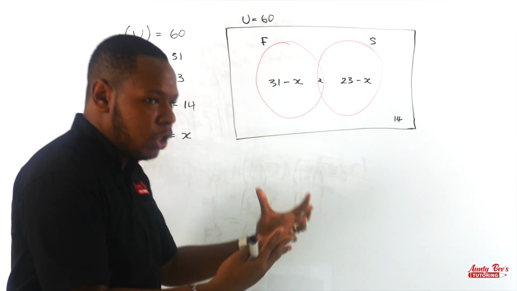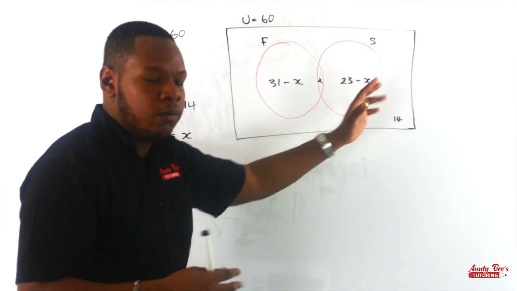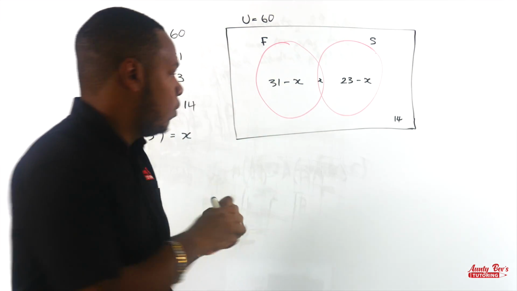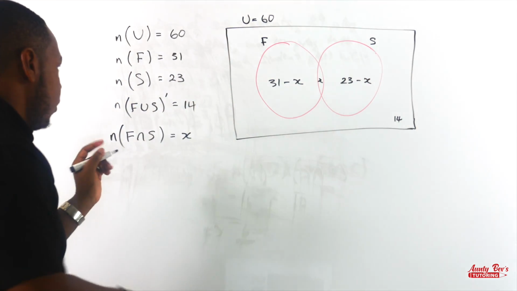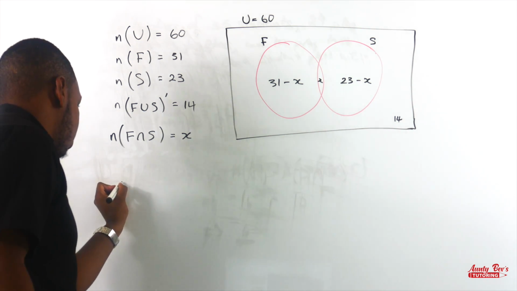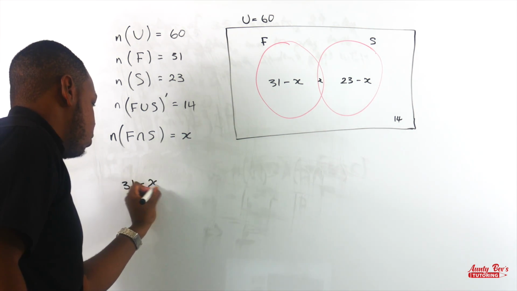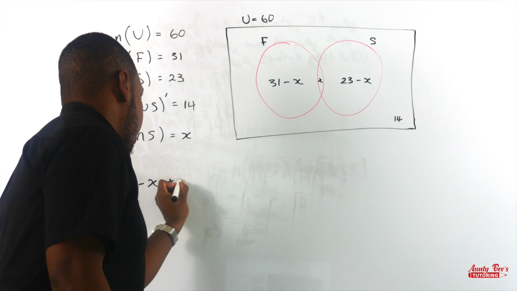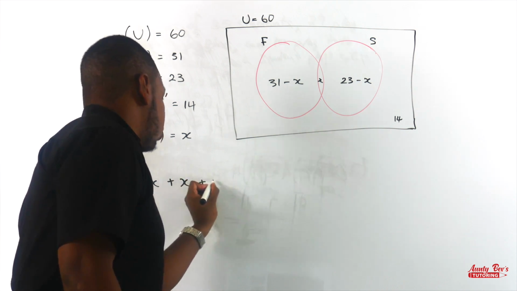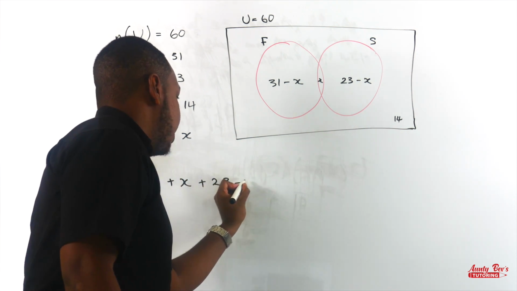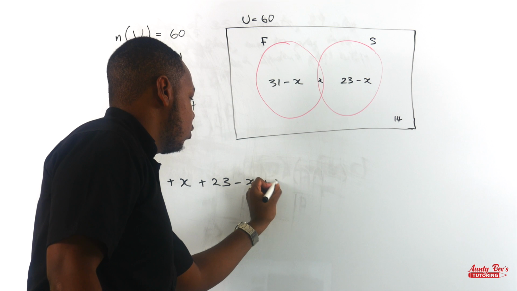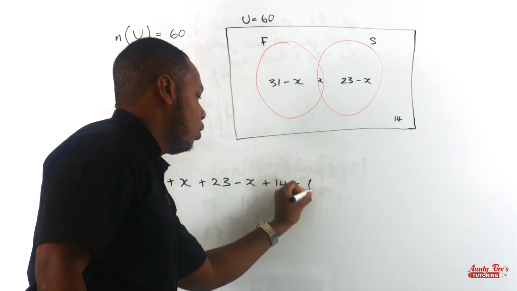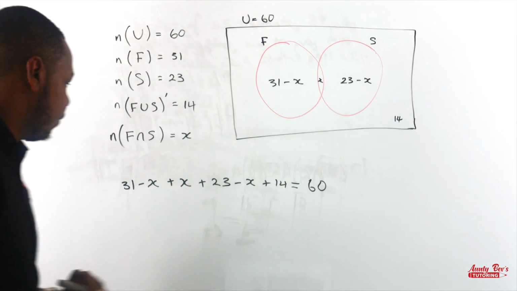Now, if we want to find X, what we can simply do is add all elements to equal the union, because as we know, everything in the rectangle is a part of the universe. So let's do that. So we can say 31 minus X plus 23 minus X plus 14 is equal to 60.